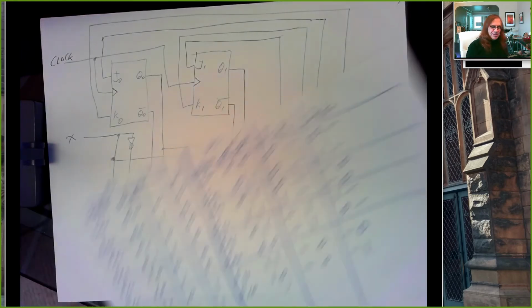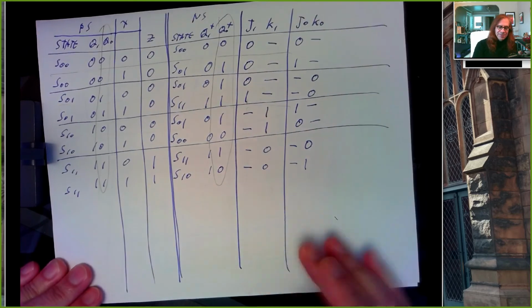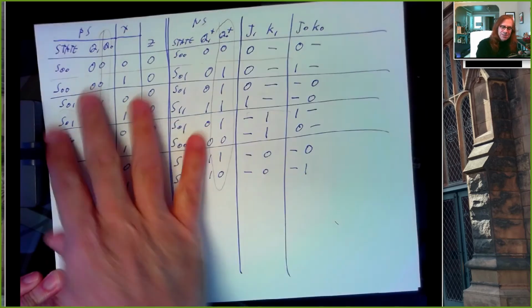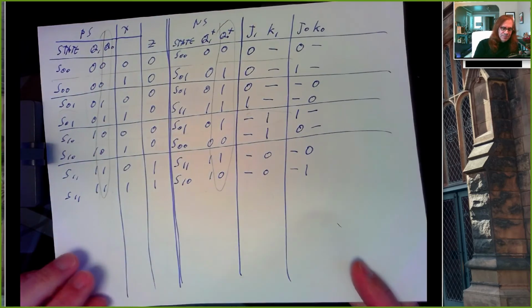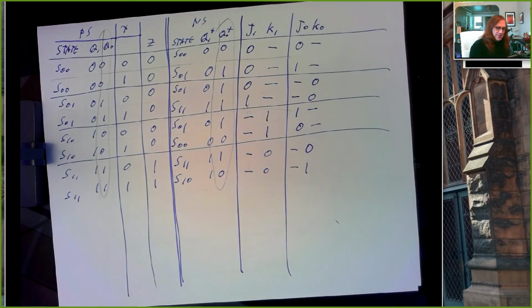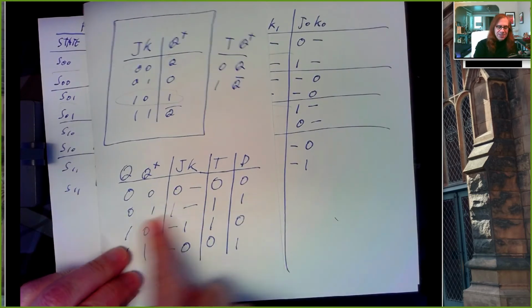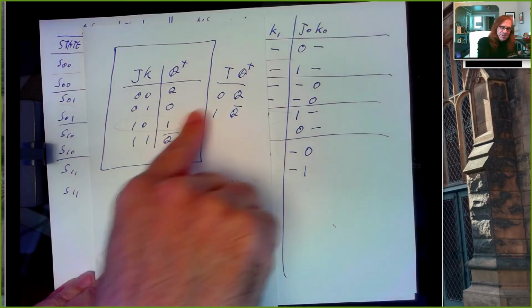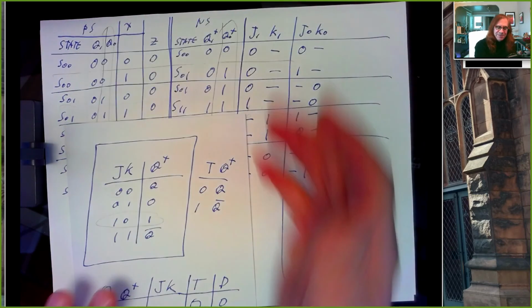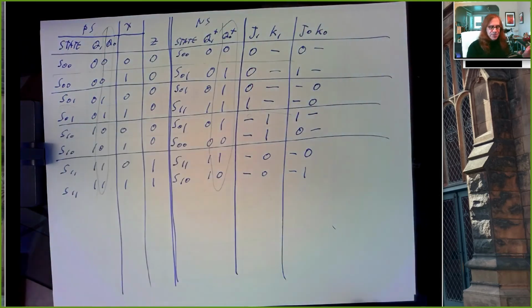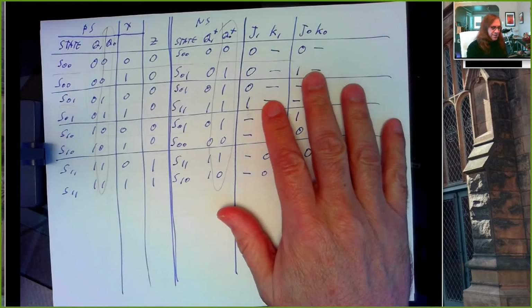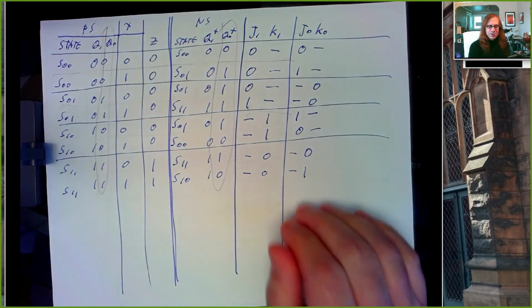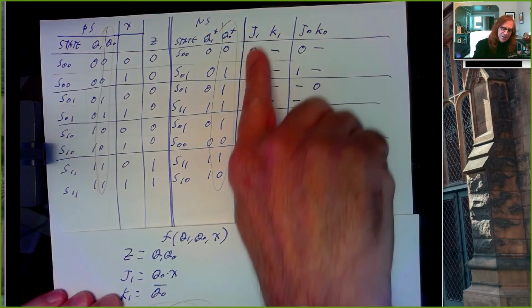And then you start the kind of heady part of it, which is making your state transition table. You can use these input excitation tables if you want, or you can use the response tables for these flip-flops and figure out what goes in those inputs. But you fill this out, and then you go through the process of writing equations for these.